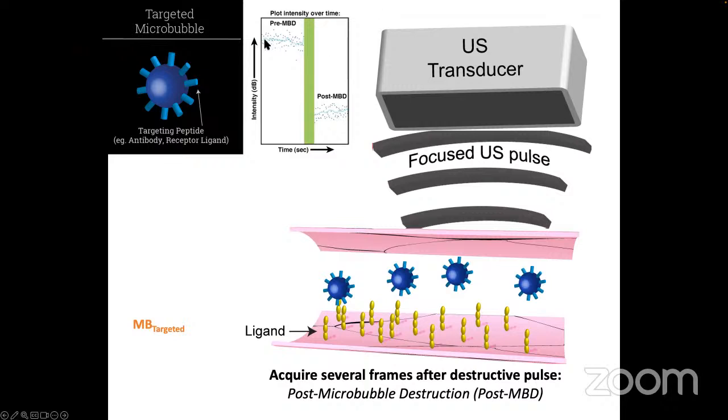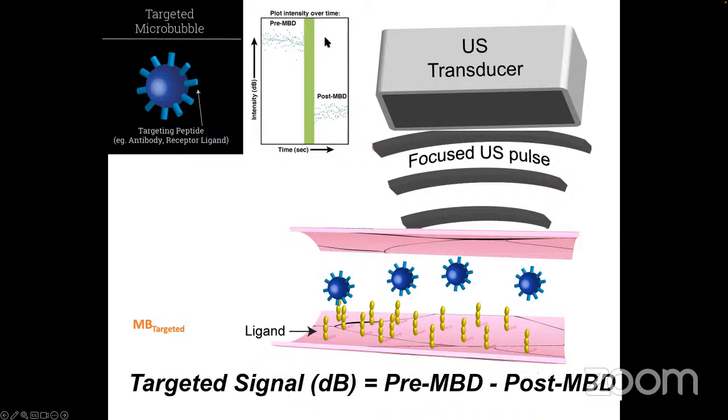And that gives us this difference. So we have our pre-microbubble destruction, which is bound and circulating microbubbles, and we destroy it, and then we image just what's left over, just the circulating microbubbles. And the difference between these two signals is how many microbubbles we had stuck, and this gives us our targeted signal. So the more microbubbles we have stuck, the larger our targeted signal is.